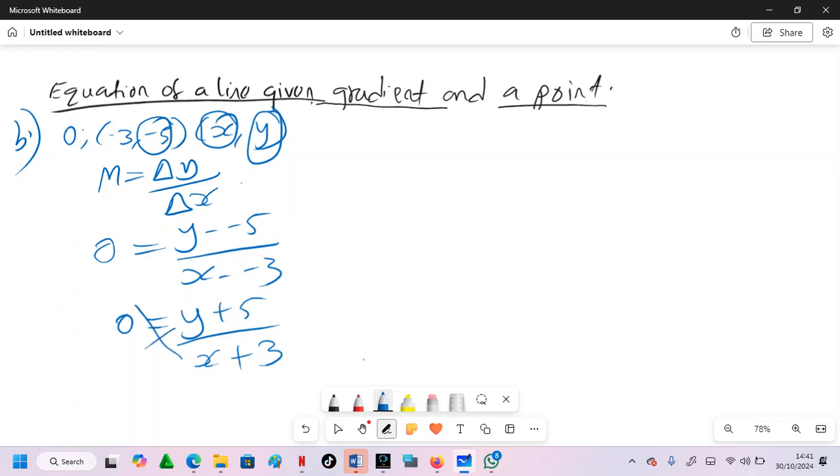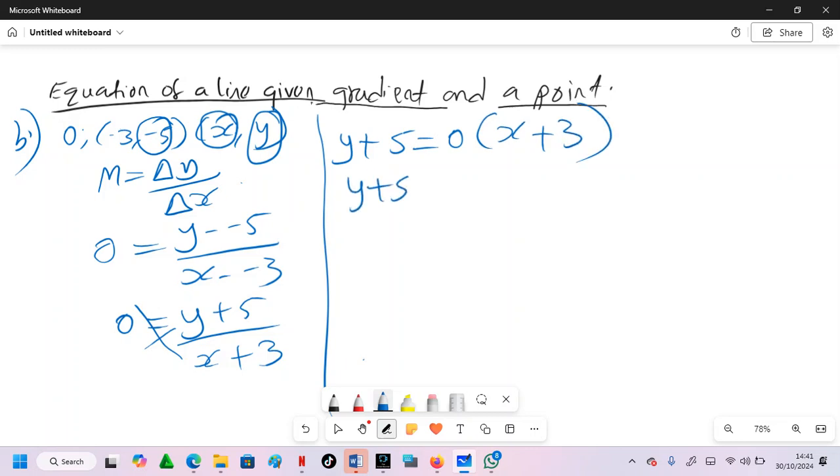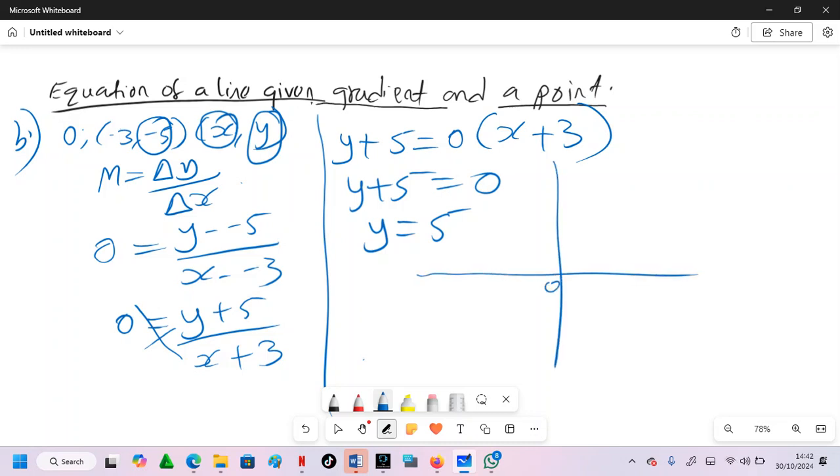So we're going to cross multiply so that y plus 5 is equal to 0 times (x plus 3), so that y plus 5 is equal to 0, and therefore y is equal to negative 5. The line looks like this, 1, 2, 3, 4, 5. That is the line y equals negative 5.